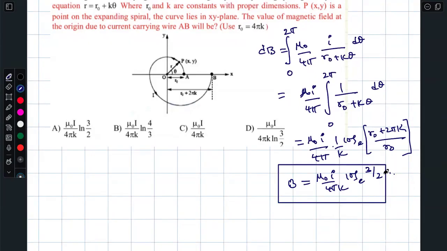Any doubts? Any doubts, boys? Next question.